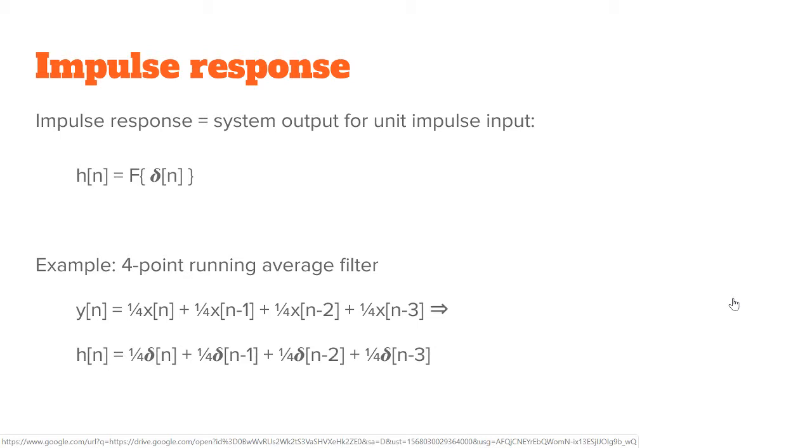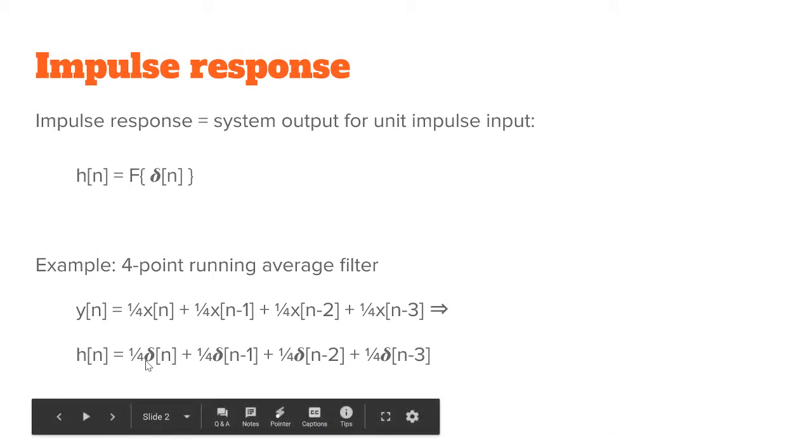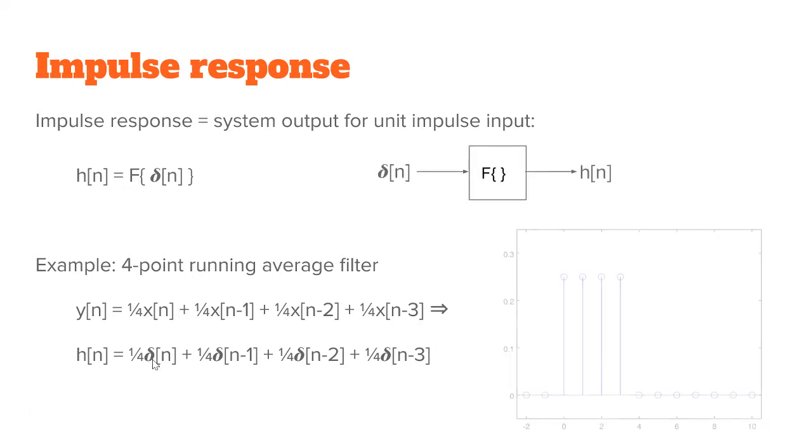So for example, for the 4-point running average filter, the impulse response is quite straightforward. You replace the x with the delta function. That's it. And it looks like kind of what you have already generated on the first exercise.